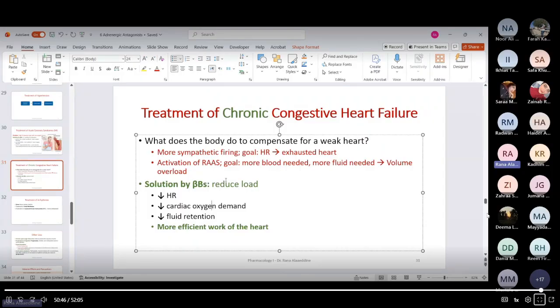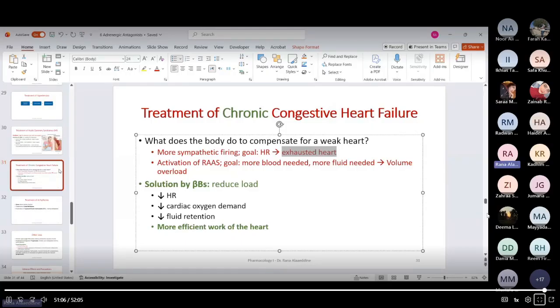So let's not stress the heart more. This is why it's important to use a beta blocker, because we will be lowering the sympathetic firing, norepinephrine firing to the heart. And usually if this happens, the heart will be too exhausted.